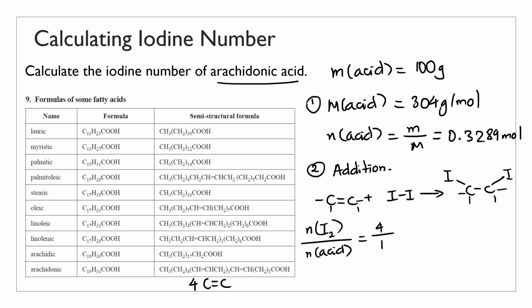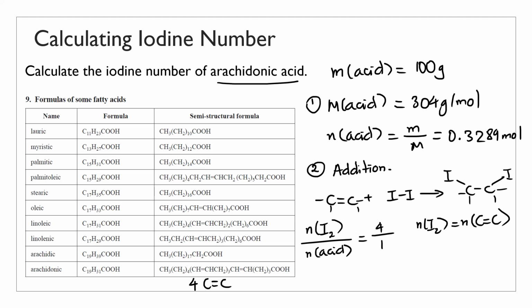So you can think of it this way: the number of mole of iodine has to equal the number of mole of CC double bond present, because I'm sure you can recall the mole ratio in an addition reaction is 1:1. So you're going to take up both atoms in that molecule. So for every CC double bond, you're going to need 1 iodine molecule.